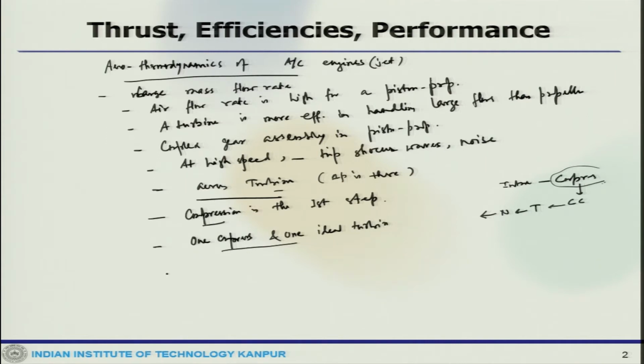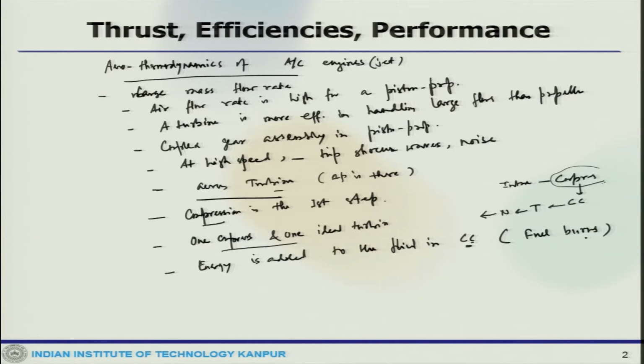That is done by adding energy to the fluid in the combustion chamber. This is where the fuel burns.